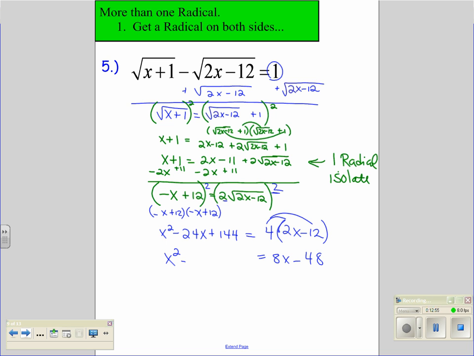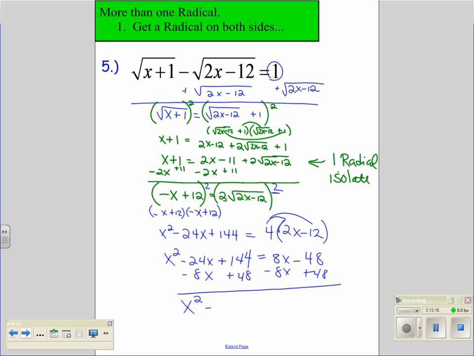Left side still remains the same: x squared minus 24x plus 144. Now, let's get everything to one side, and hopefully we can either factor or use the quadratic formula. That would be another option.